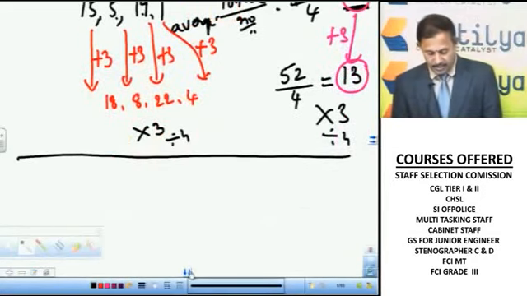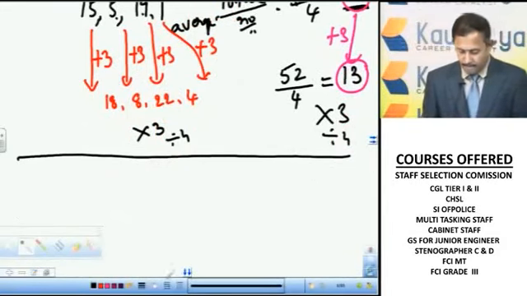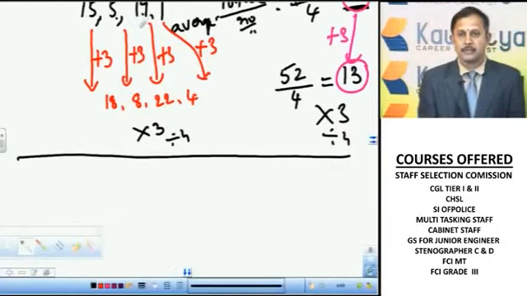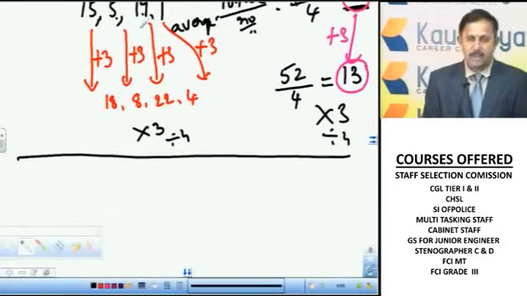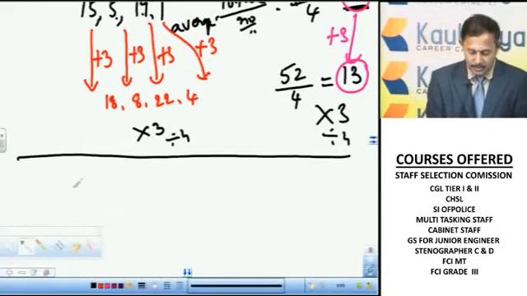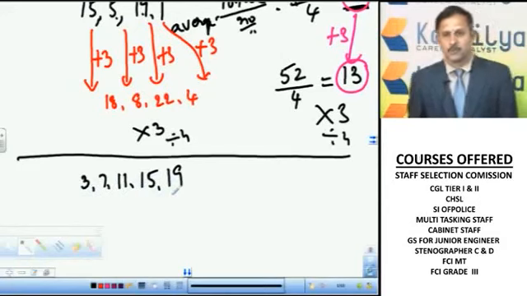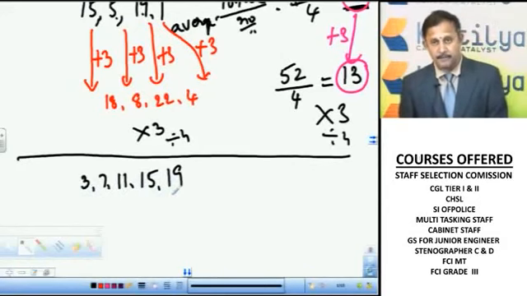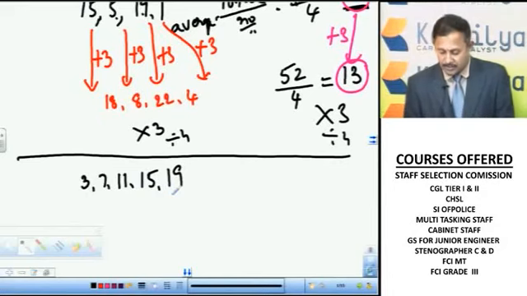And the next one is, suppose we are given some elements and the average is given by total by number of elements. So here I want to give a group of elements 3, 7, 11, 15 and 19. So I have given 5 elements to you. So there are 5 elements.